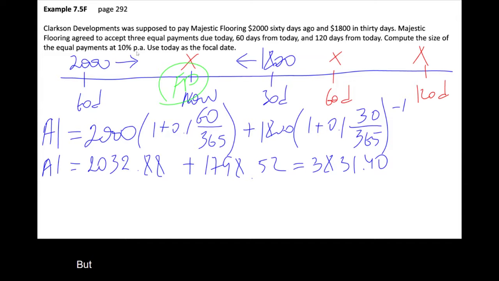Per annum, per year. Okay, so that makes sense, charge 10% per year. How's your calculations going, people?